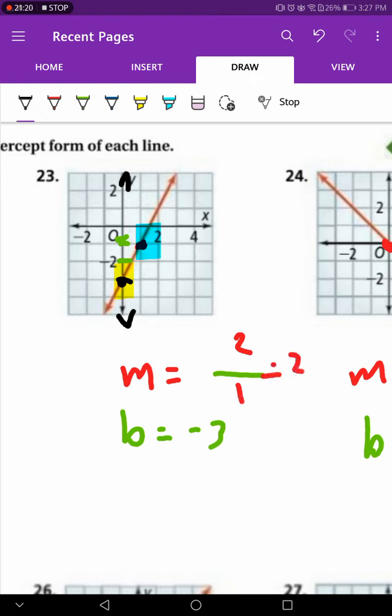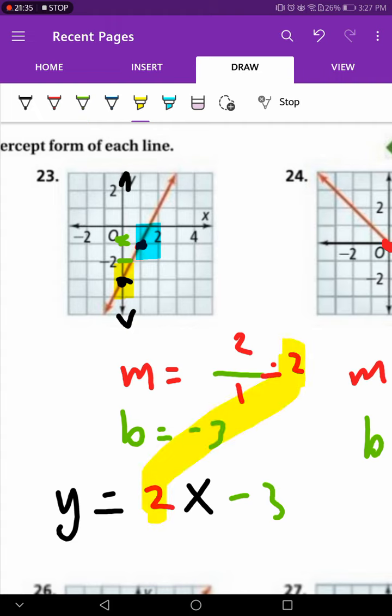Now the equation equals 2x negative 3. The 2 I get from here, and here it is the b, where the y-intercept is with the graph or the red straight line.